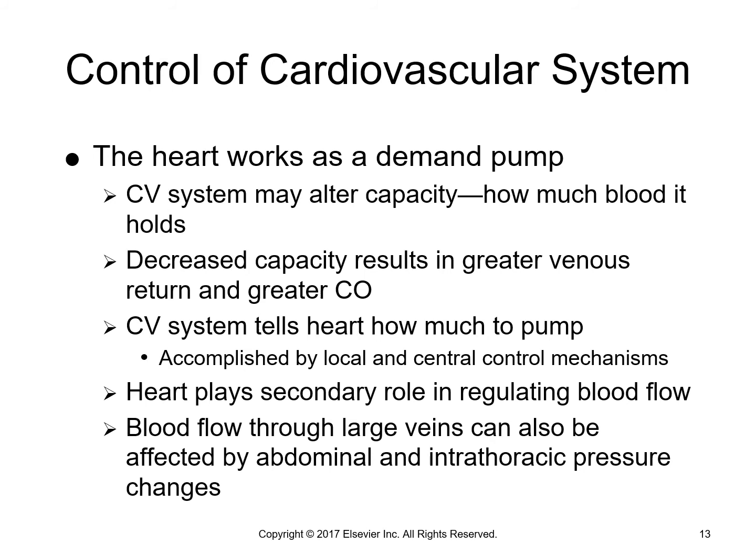It controls the pump, I guess, as far as how much, how fast, and stroke volume, by things that we're going to be talking about coming up. Blood flow through large veins can also be affected by abdominal and intrathoracic pressure changes. Just remember, the vascular system tells the heart how much blood it needs, rather than the heart dictating what volume of blood the vascular system will receive.